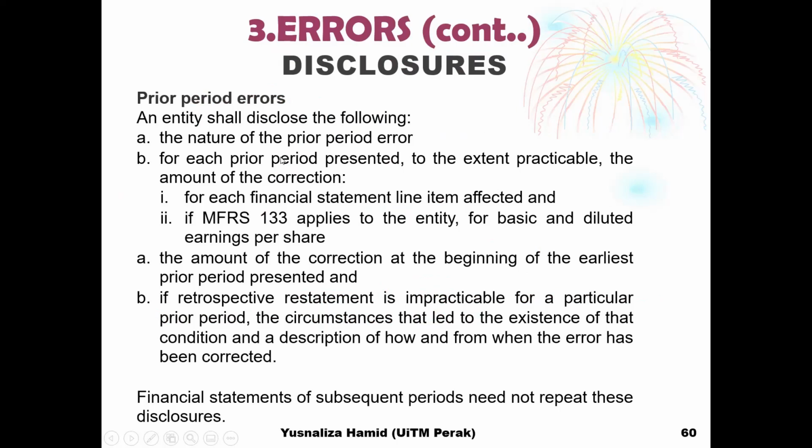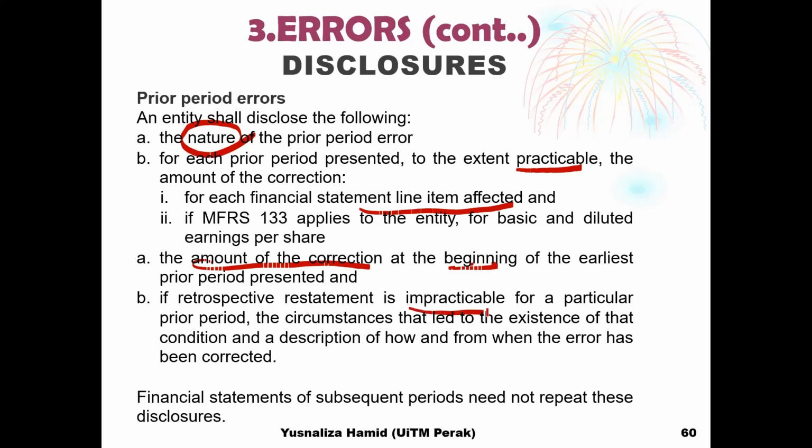And where there are prior period errors, the financial statements of the subsequent period need not repeat this disclosure anymore. So look at what was in the disclosure: the nature of the error, whether or not it is practicable, what the line items affected are, the amount of correction at the beginning, and the earliest period presented.